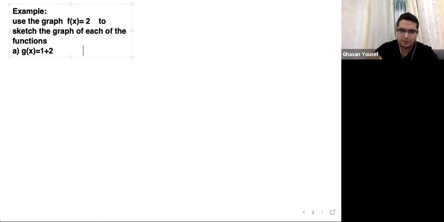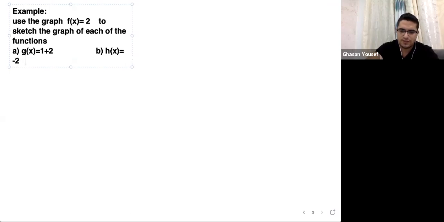Second one is h of x equal minus 2 to the power x.